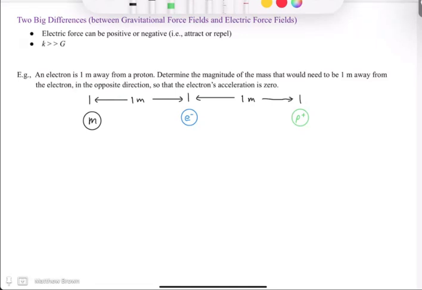We know the electron is going to be attracted in this direction because of the electric force, and we know it's going to be attracted in the other direction because of the gravitational force, because both the electron and some mass. And for simplicity, we're just going to assume that whatever mass we need to put here, we're able to concentrate it all right at that point in space, right? It is the center of mass, so it could have a little bit of space, but we'll assume this is possible. So what would these two forces be?